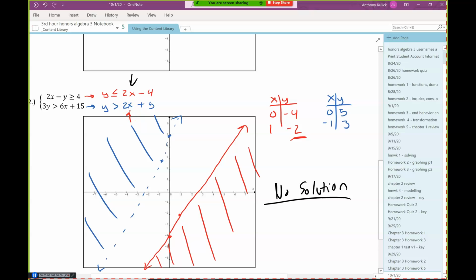So 2 times -1 is -2, plus 5 is 3. Is that okay? And the x's don't matter. I just pick something. I plugged -1 in for x. So 2 times -1 is -2, and then plus 5 is 3.